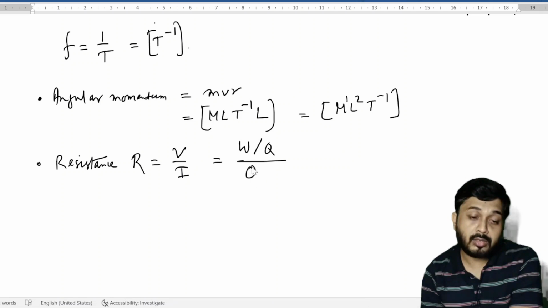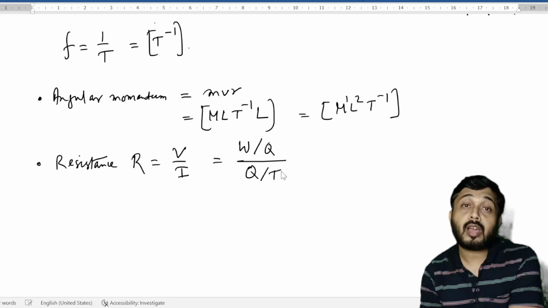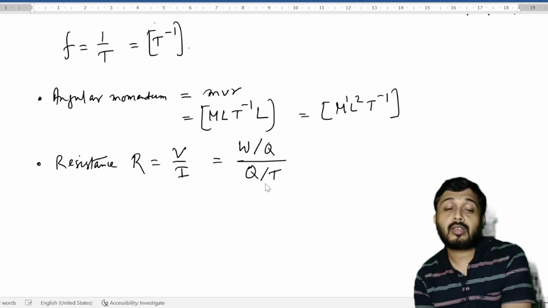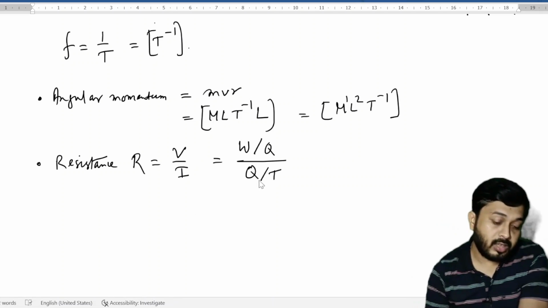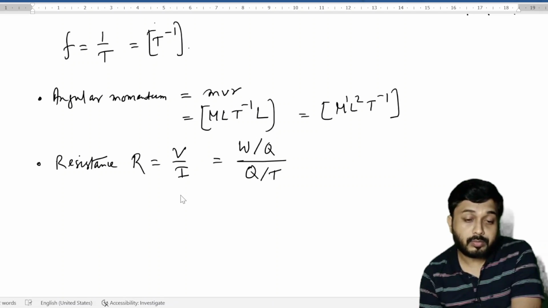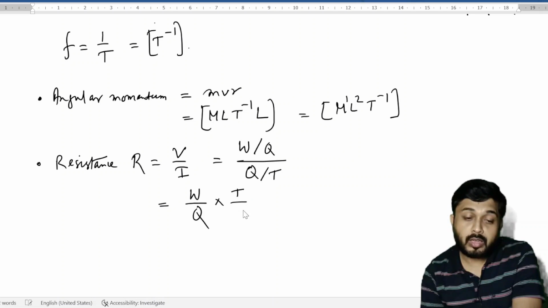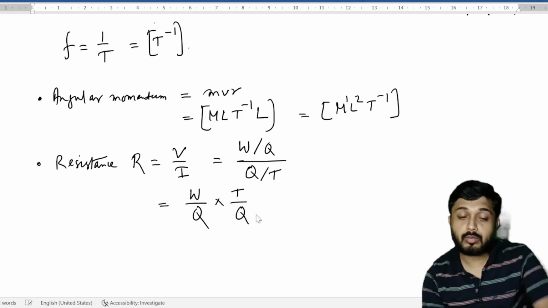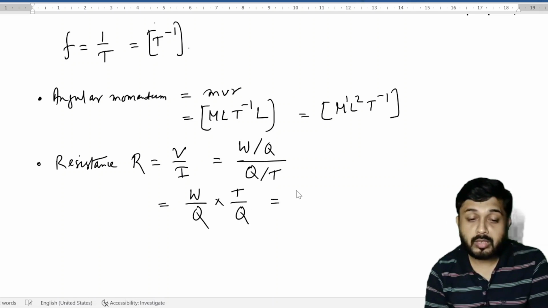Current is actually charge per unit time, capital T. And what is W? Force into the displacement.